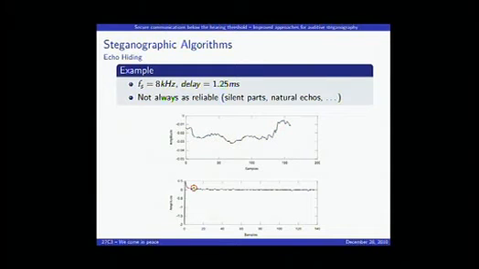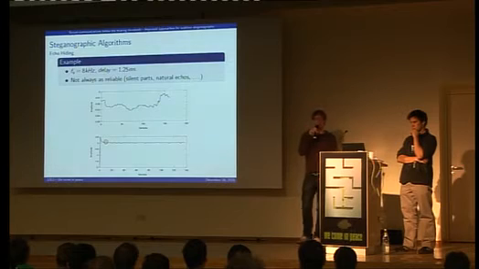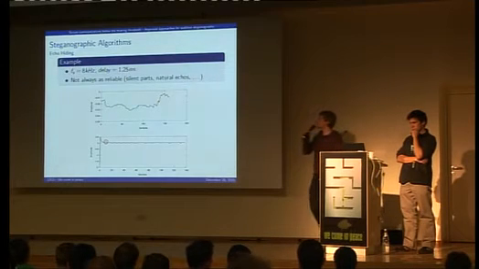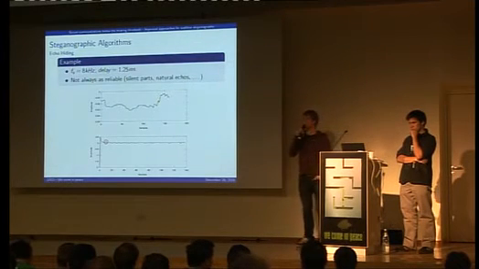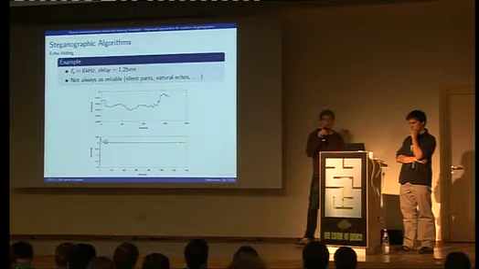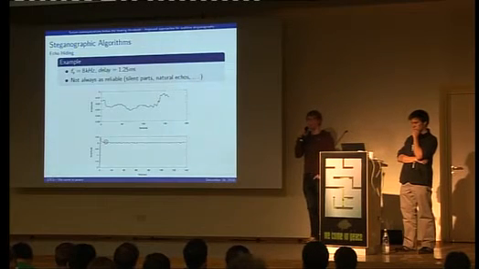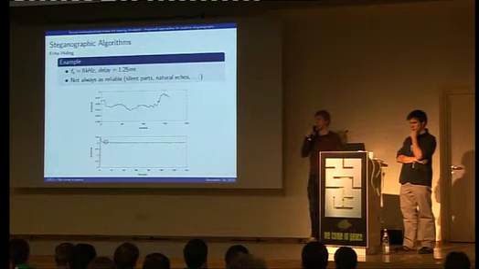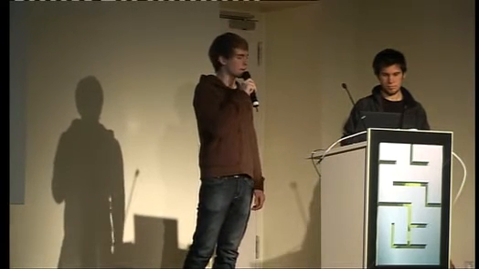If you do the math, it's 1.25 milliseconds. But you should note that this does not always work that reliably. Think of silent parts, think of natural echoes which may already be in the signal and disturb the receiver. So it's sometimes tricky for the receiver to extract all the secret data.